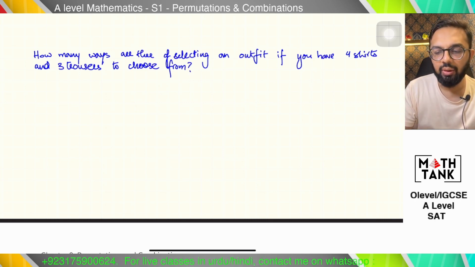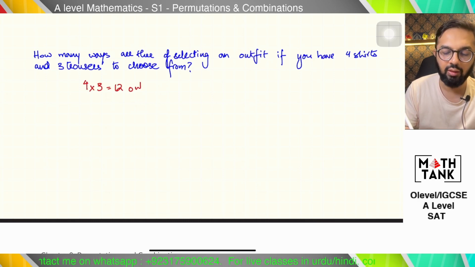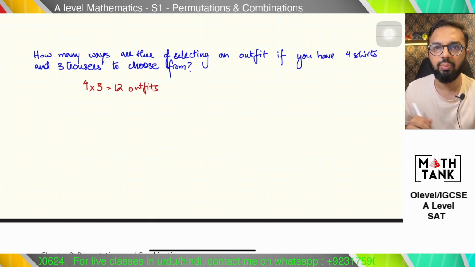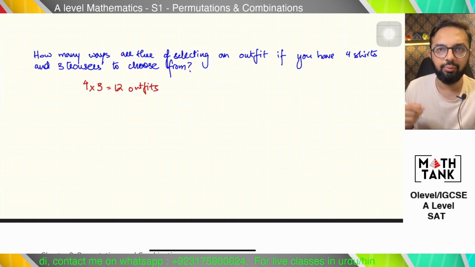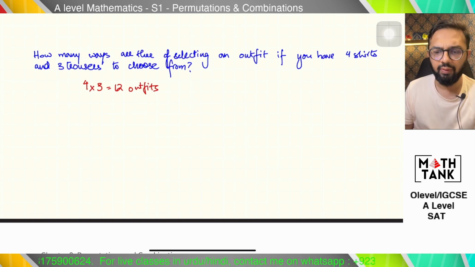Okay, so the simple answer to this question is that there are 4 by 3, which means there are 12 outfits. So for each different shirt that you have, you could pair a trouser with it. So for the first shirt, you can have a black trouser, then a brown trouser, and then a blue trouser, for example, and that would give you 12 different outfits.